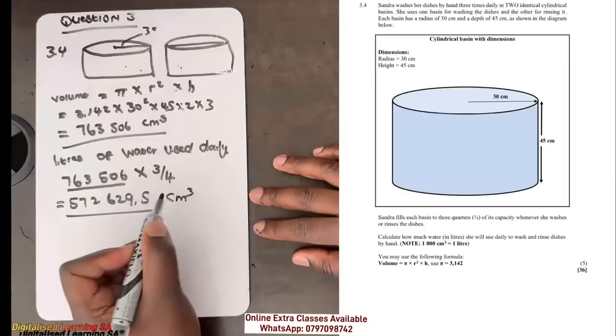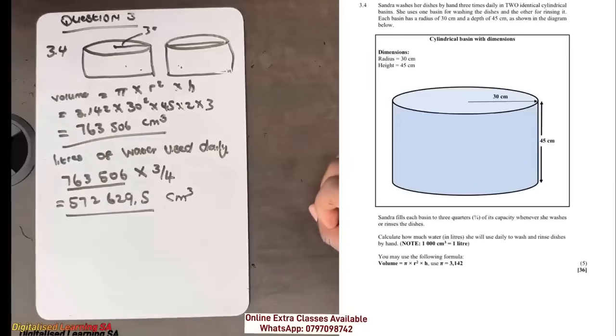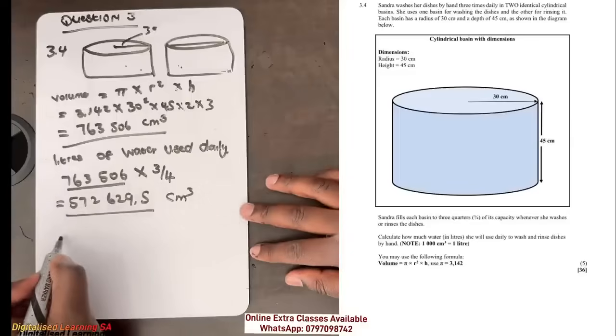Okay, and then centimeter cube. So if we go back to our note, we can see that 1000 centimeter cube is equal to 1 liter. So to find the number of liters, we will divide our volume by 1000.